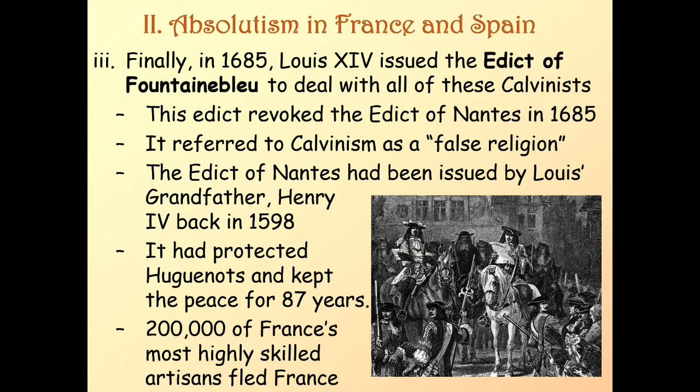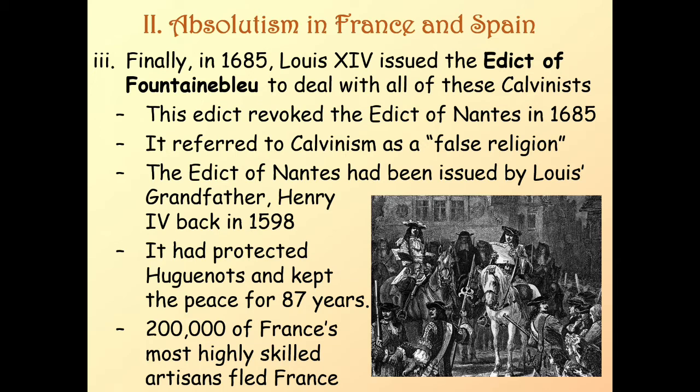Finally, in 1685, Louis XIV issued the Edict of Fontainebleau to deal with all of these Calvinists. And this edict revoked the Edict of Nantes. It referred to Calvinism as a false religion. The Edict of Nantes, if you'll remember, had been issued by his grandfather, Henry IV, way back in 1598, and it had protected Huguenots and kept the peace for 87 years.